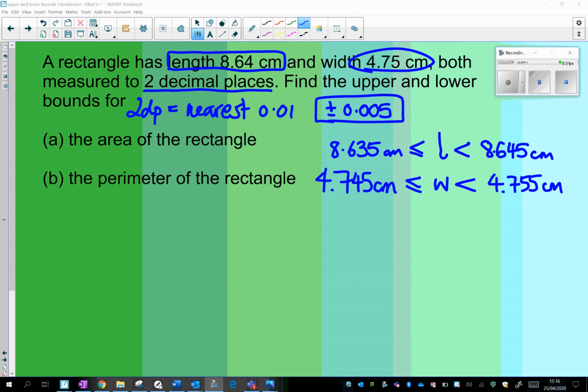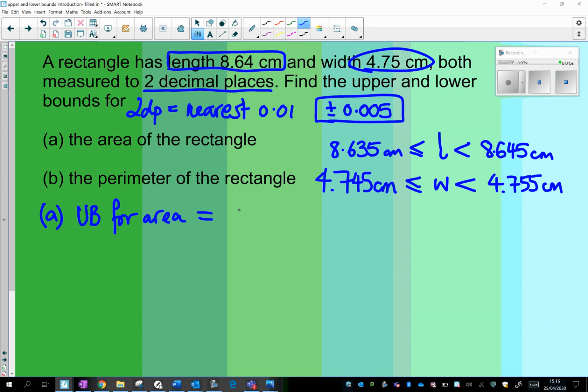Okay, now think. Area of the rectangle. So we want upper and lower bounds for the area. Now remember, to find the area of a rectangle, we multiply the length by the width. So let's go for the biggest first, the upper bound for area. We're trying to find the maximum possible value of length times width. As we learned before, that just means we multiply the biggest length by the biggest width.